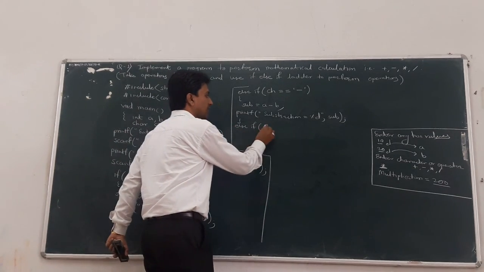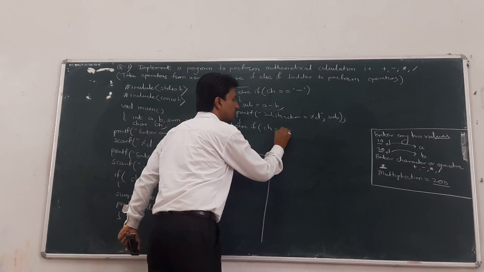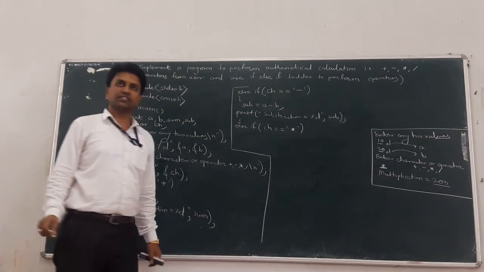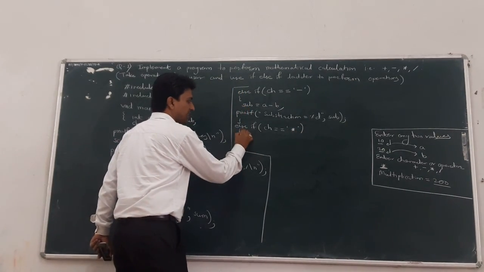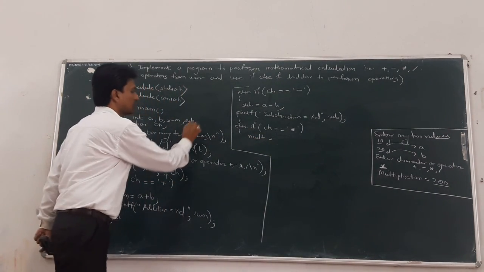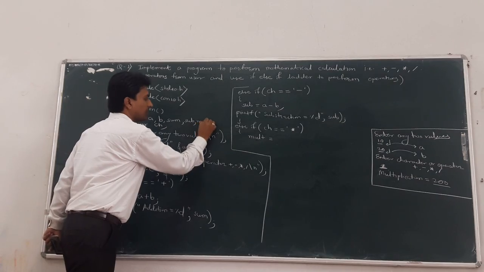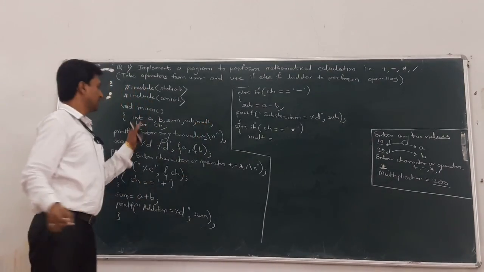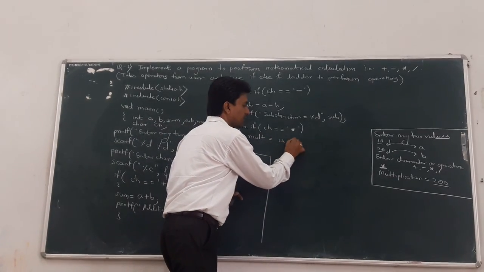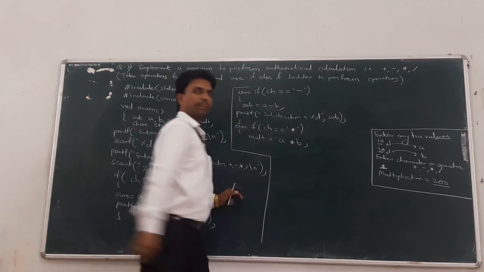So else if ch is equal to multiplication, that is star, the user enters star, then perform multiplication and store the result into a mult variable. So declare the multiplication variable here as an integer. Next, perform the multiplication, A multiply by B semicolon.